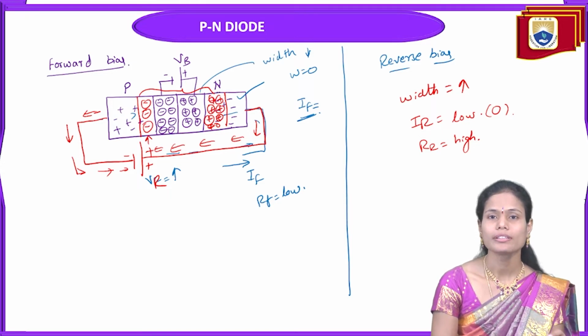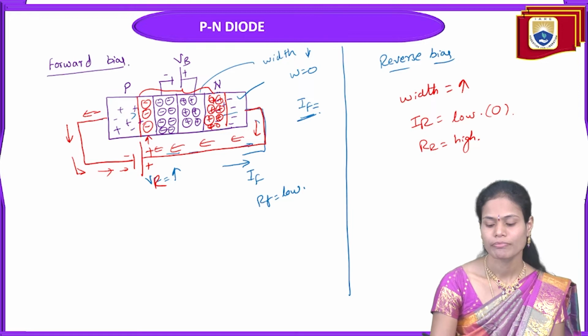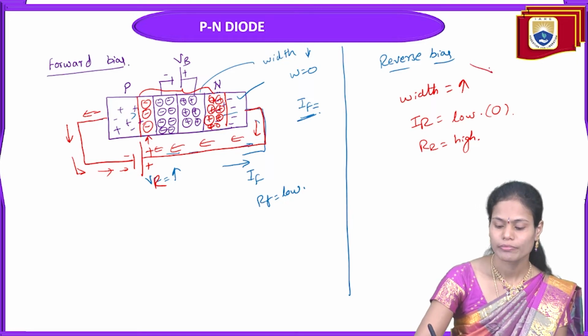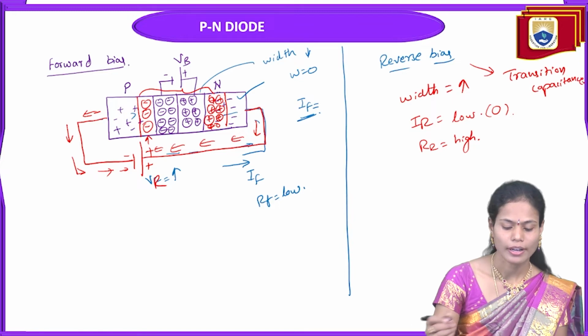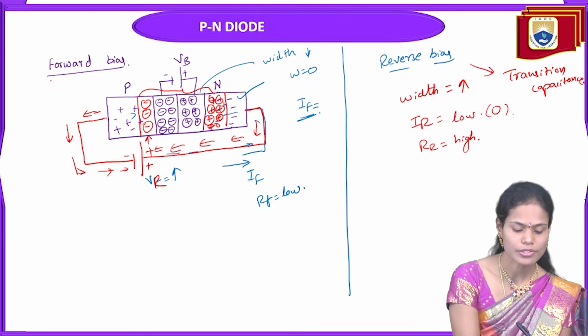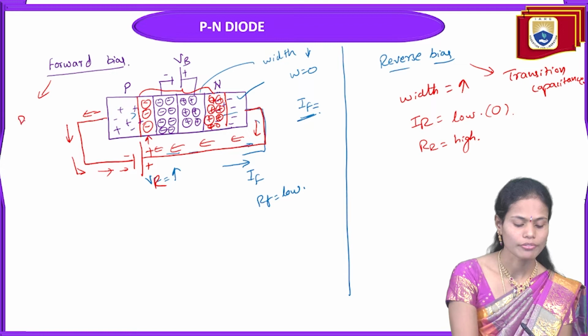So now, in the case of reverse bias of the PN junction diode, we will get the transition capacitance. And in the case of forward biased diode, we will get the diffusion capacitance.